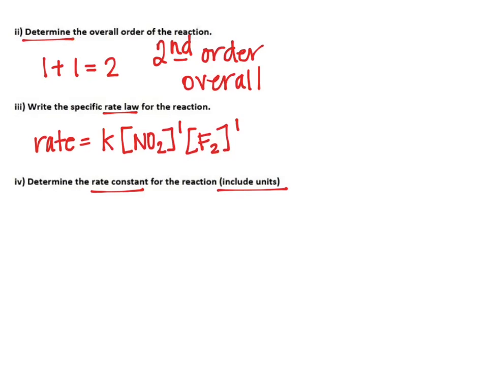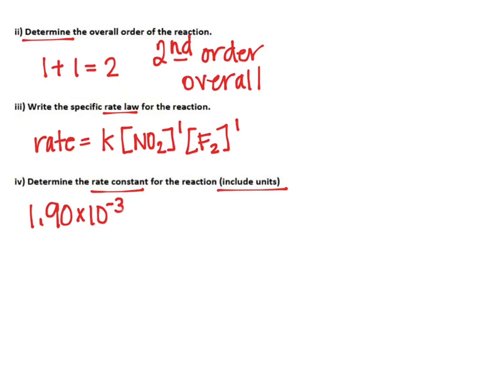So go back to your data and let's plug in. Rate is 1.90 times 10 to the minus third is equal to K, that's what we're looking for, times the concentration.